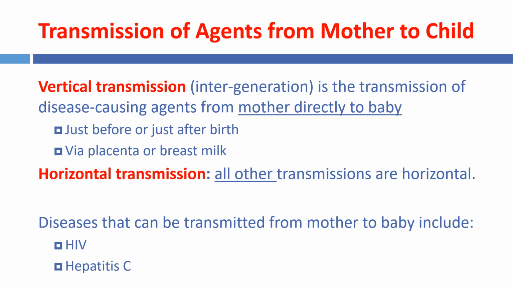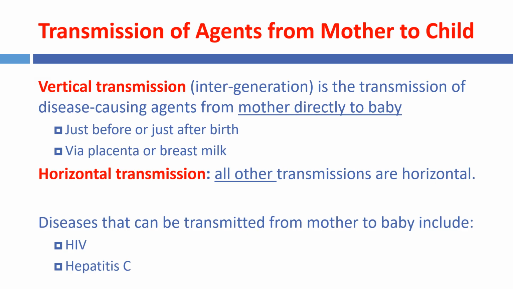Transmission of agents from mother to child. All pathways of transmission that we have discussed earlier are considered horizontal transmission. All were horizontal. The case from mother to child is vertical transmission. We call it intergeneration transmission.